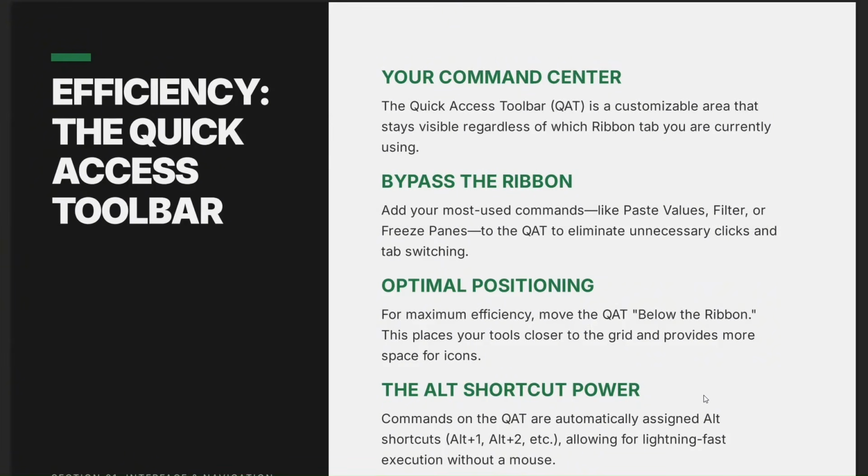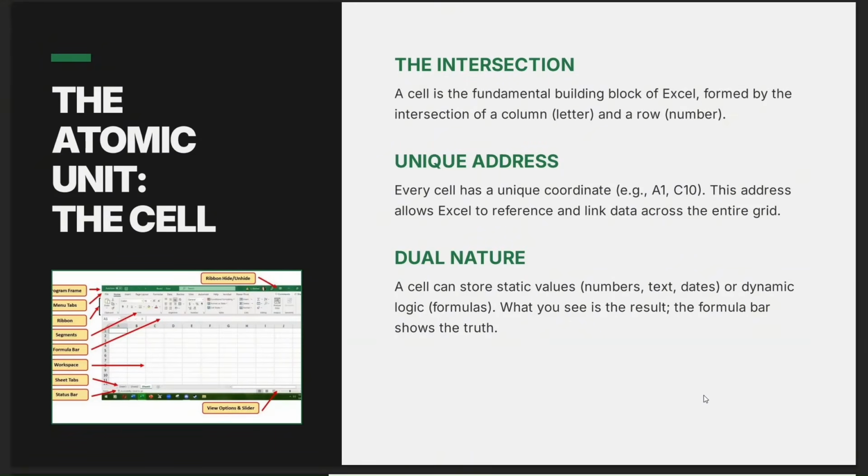Optimal positioning: for maximum efficiency, move the QAT below the ribbon. The ribbon again is the one at the top, and this places your tools closer to the grid and provides you with more space for your icons. And then shortcuts: you'll learn shortcuts much more the more you get used to your Excel, but essentially they help us execute things much faster without using our mouse so much.